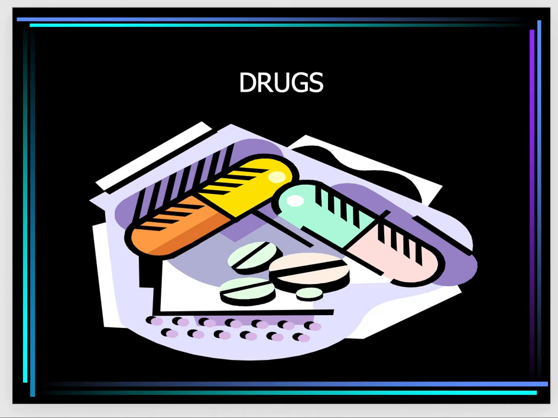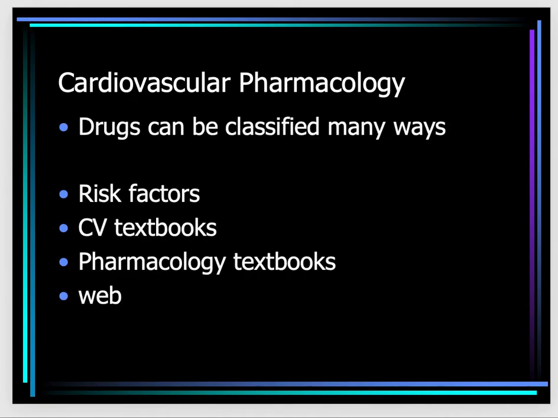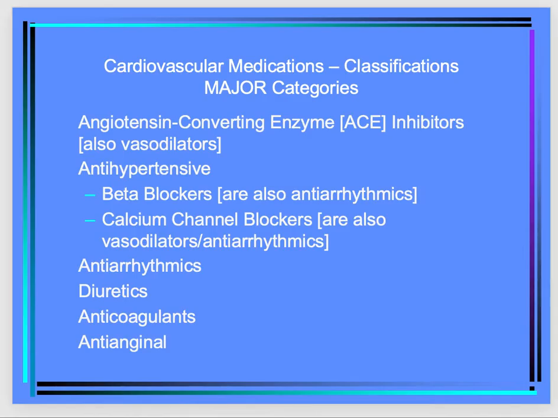So what we want to get at with understanding drugs is they can be classified in many different ways. I'm going to look at some of the major classifications in this chapter. I want you to be smart, know where to find the information, right? Where do you refer to find medicine information? So for this class, our major drugs are going to be ACE inhibitors, antihypertensives, so those could be beta blockers, calcium channel blockers, antiarrhythmics, diuretics, anticoagulants, anti-anginas, and the other one that's not on here are antilipemics.